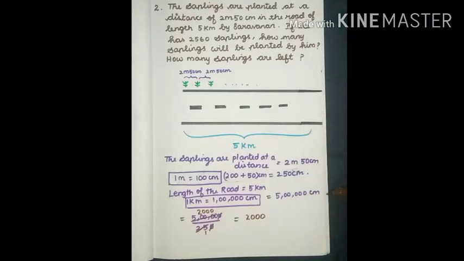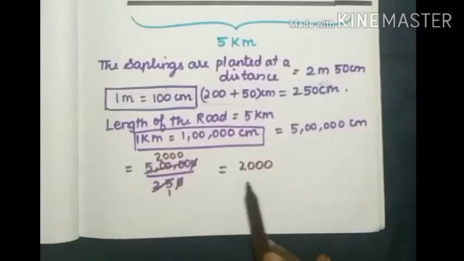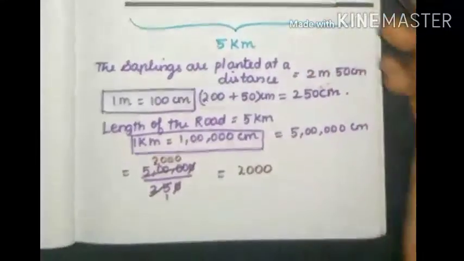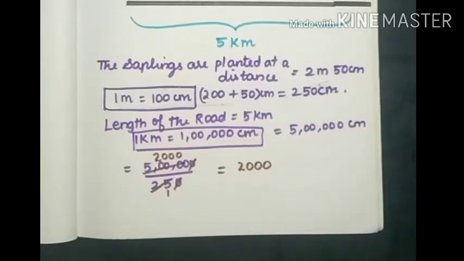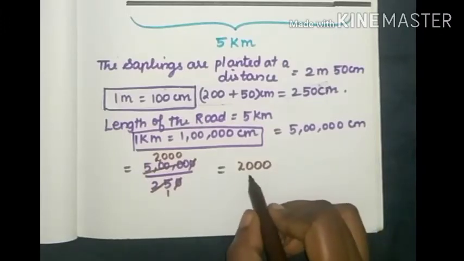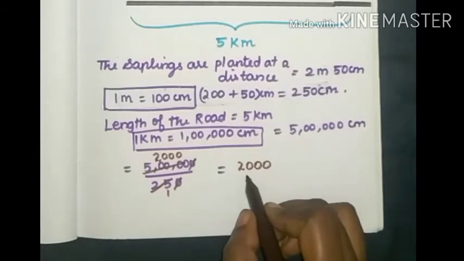Now let's find how many saplings are left. For that what we have to do? Yes, 2000 saplings are planted in the road of length 5 kilometer. And then what we have to find? Yes, how many saplings are left? We have to find the remaining saplings. What we have to do? Yes, we have to subtract the total saplings minus 2000, that is how many saplings will be planted.